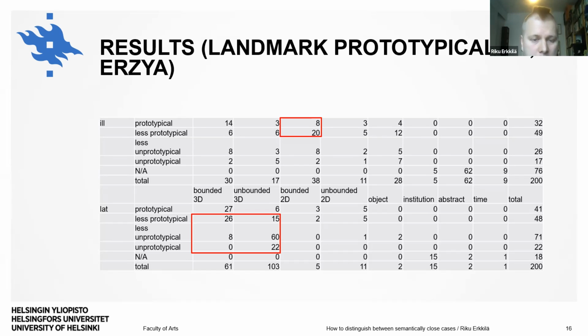And at least for lative, the numbers are explained partly because of the relational nouns that are always inflected in lative, and the geographical names, like names of cities, that always take lative.